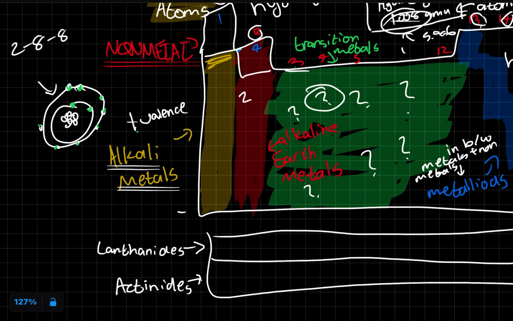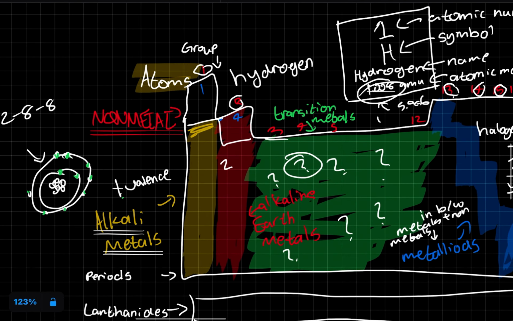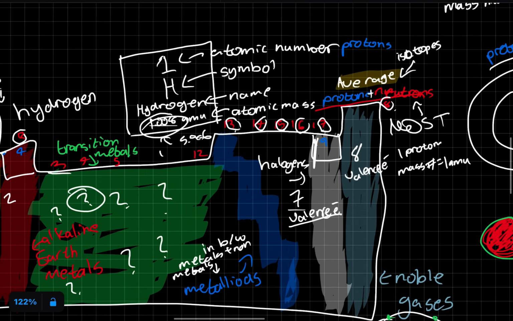And in case you're curious, periods go this way. Periods don't tell you much about atoms. They're just called periods because they go horizontally. Anything in the same group has similar properties because they have the same valence electrons, and valence electrons determine the properties of atoms.